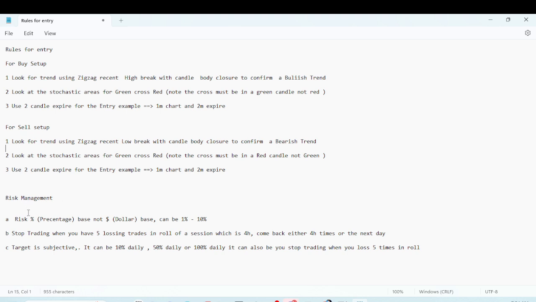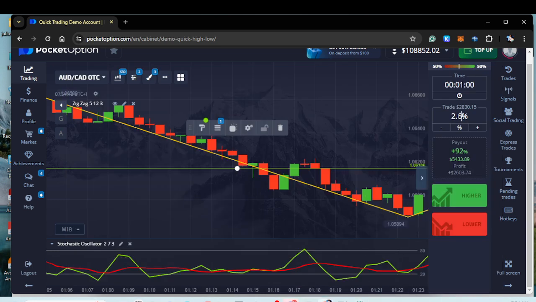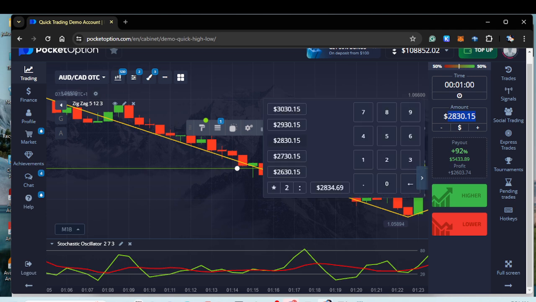Now risk management: risk percentage base, not dollar base. What I mean by not dollar base is that you should always use percentage base because this way you compound your capital as you make more money. If you use a dollar base, you don't really compound and tend to lose, and there's no growth with it.